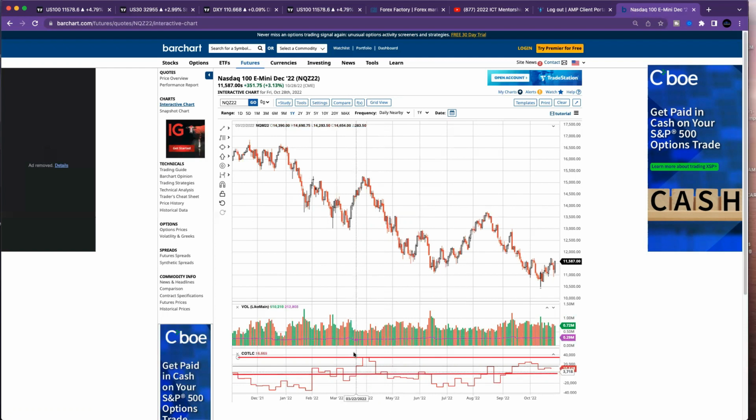Price bounced above the zero line after this drop in open interest. Boom, right there, as we're above that zero line, after price took the sell side liquidity in a potential bullish seasonal tendency, if that was applicable, then we would have been able to be confident in this. But for this, there was no bullish seasonal tendency. But guess what? Interest rate markets were declining at this time, slightly.